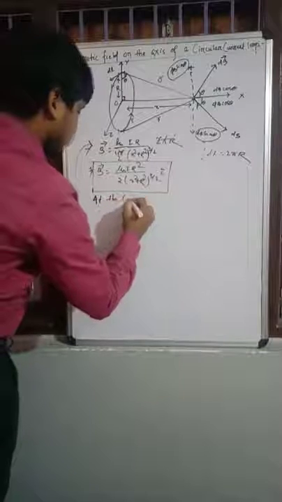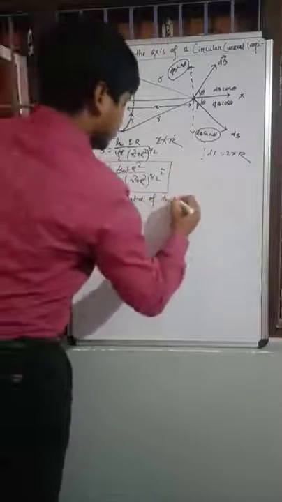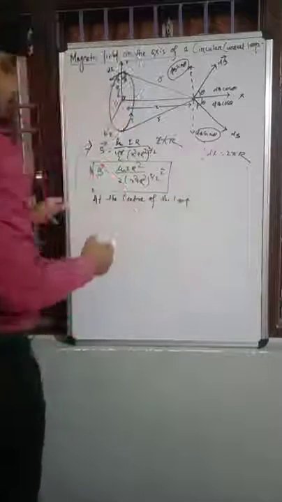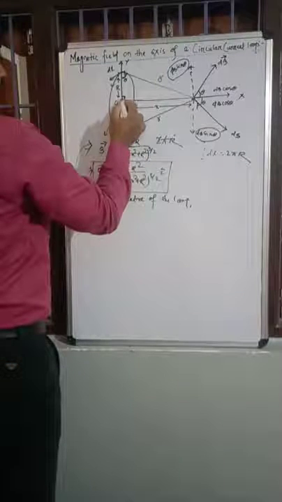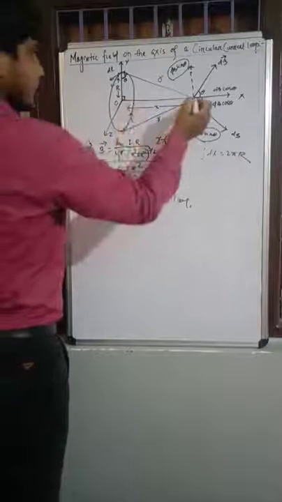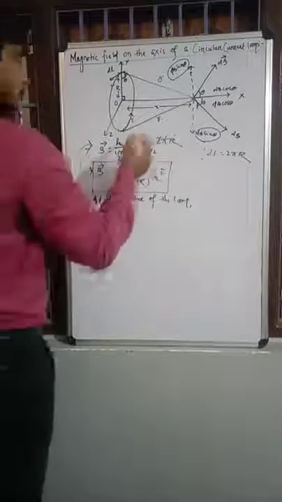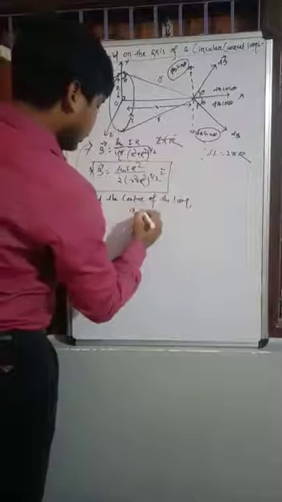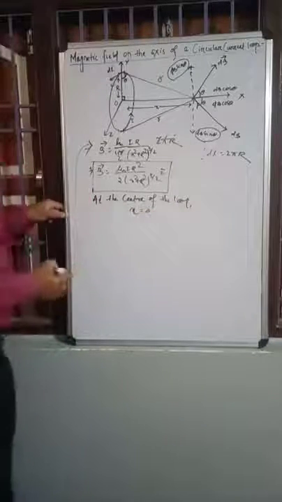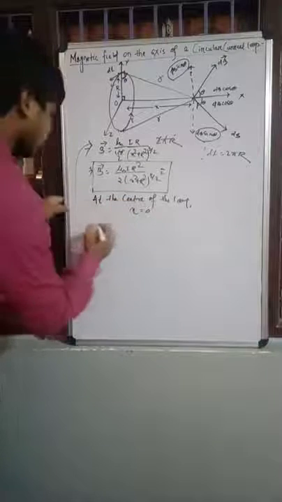If we are to find the magnetic field at the center, that means at the point O, then we have to take this point P and move it to the point O. That means at the center of the loop our x will become 0 because the point P will be lying at the center. Then in this expression, in place of x we have to write 0.